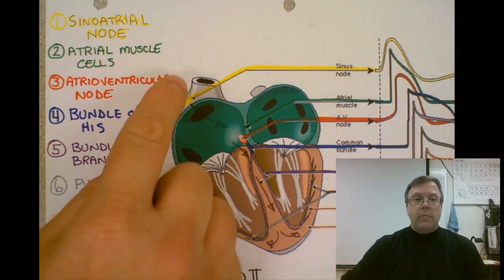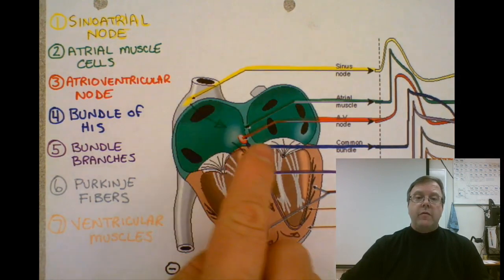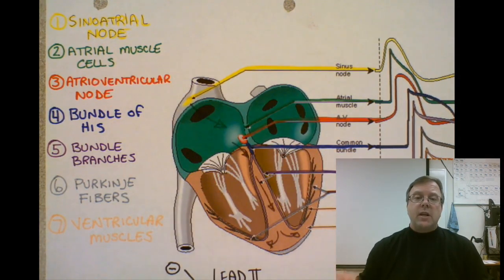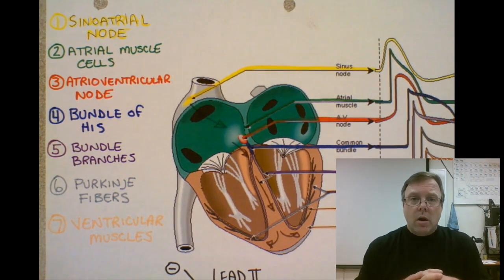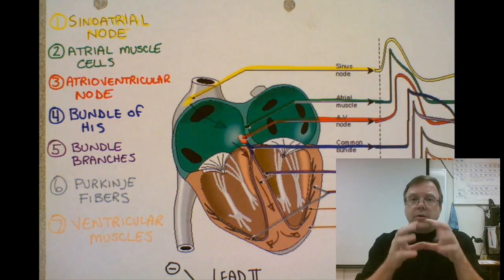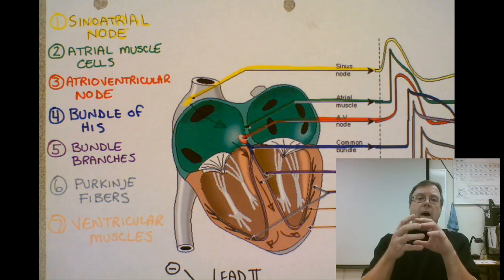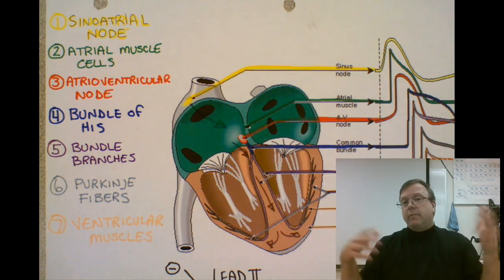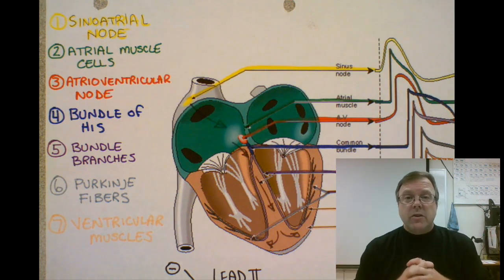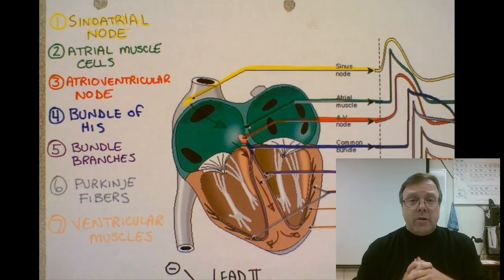And when the heart is not moving the electricity in this order, then the heart just goes into fibrillation. And if you don't have a defibrillator nearby, the person can die. That's why gyms and hospitals and schools all have defibrillators now.